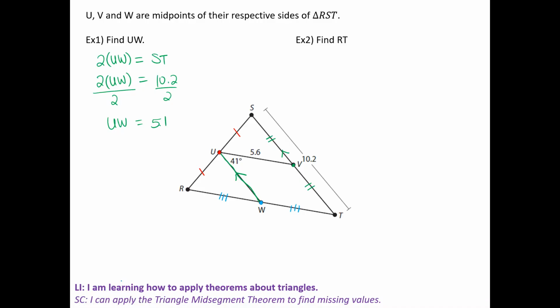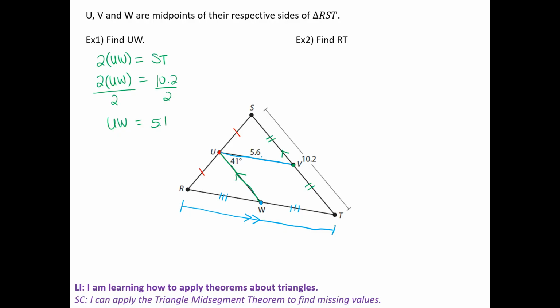I'm going to switch colors here to blue, and the reason I'm doing blue is if I look at RT, it's kind of on the blue side over here. So R to T, this is not a midsegment, this is the side of the triangle, but I know that it's parallel to the midsegment up here that is UV.